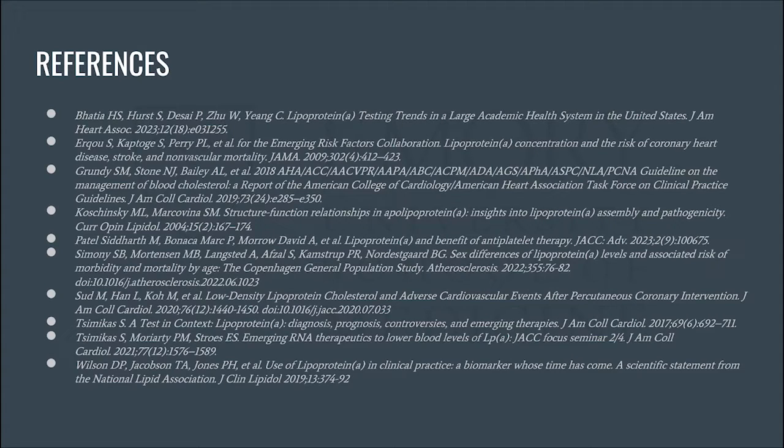Let's say a patient is already on 80 milligrams of atorvastatin and their LDL is at goal, but they still have a quite high Lp(a). How would you apply that? They're already on quite intense therapy and seemingly at goal with their LDL. What would you recommend for that group of patients?